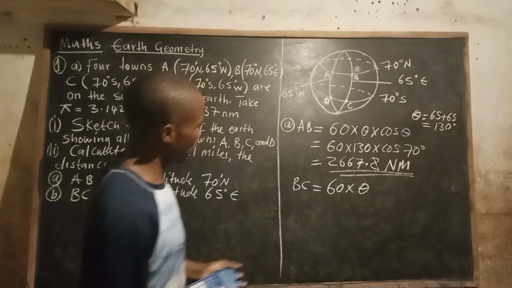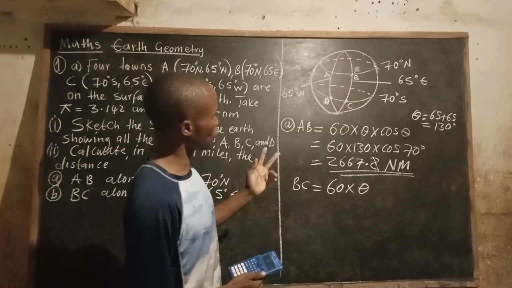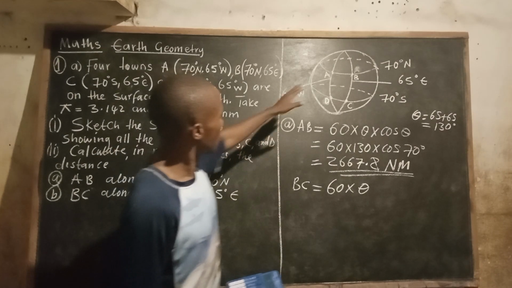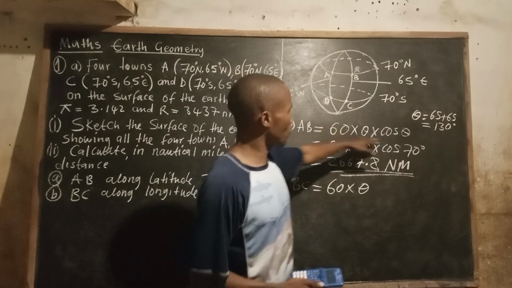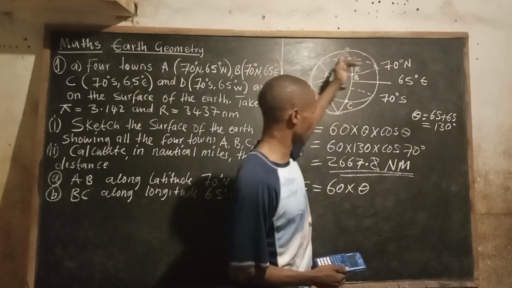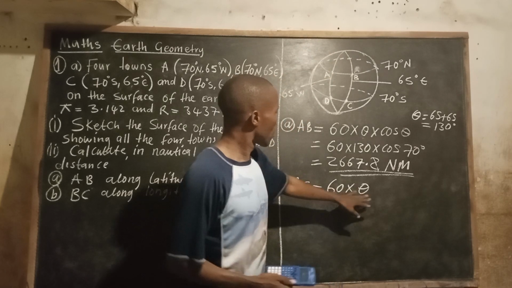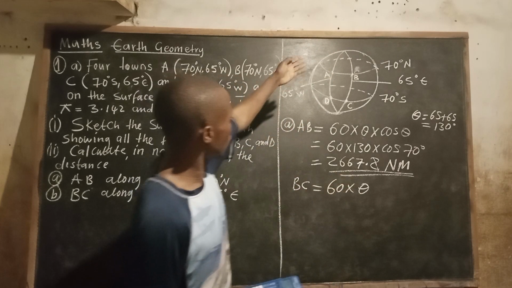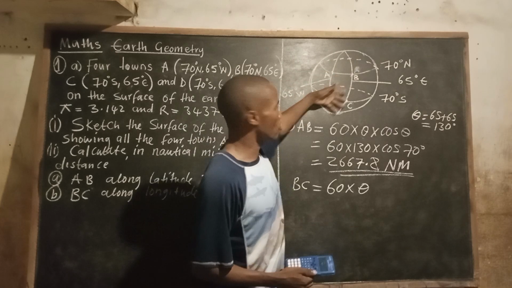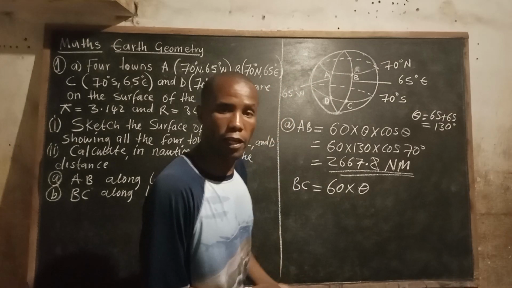When we are calculating the distance between 2 points along latitude, there should be cos theta, because we have the degree value there. Now for the distance between 2 points along the longitude, you just have to say 60 times theta. You end there.